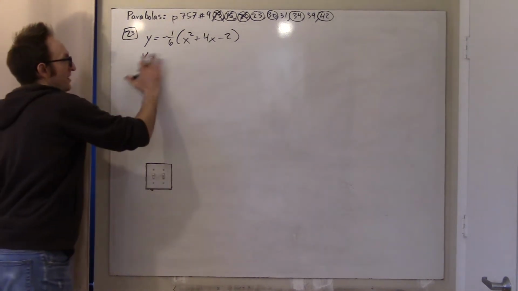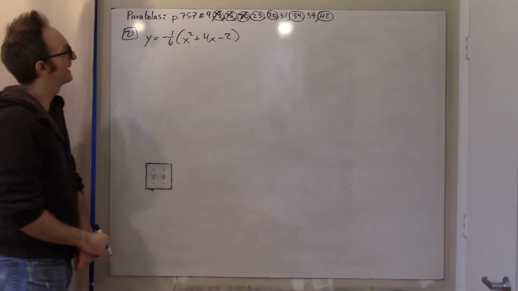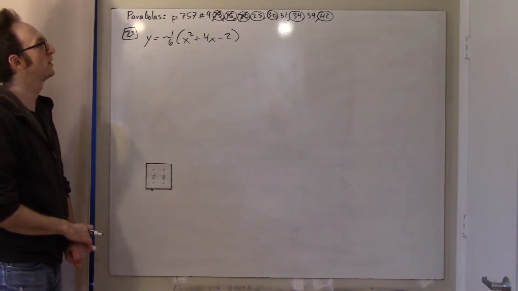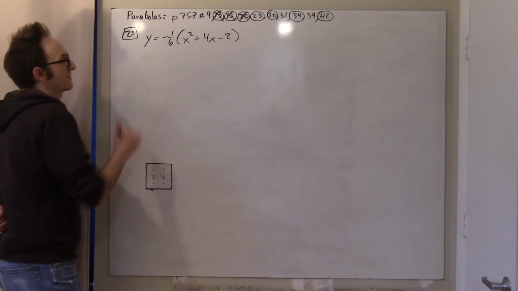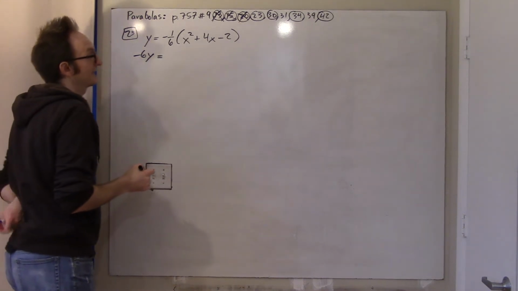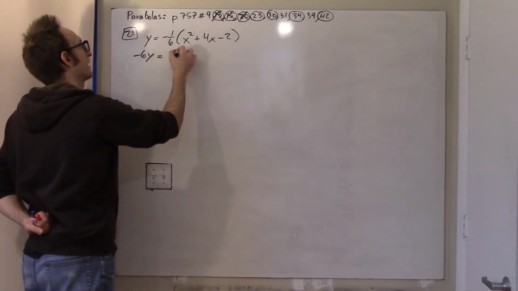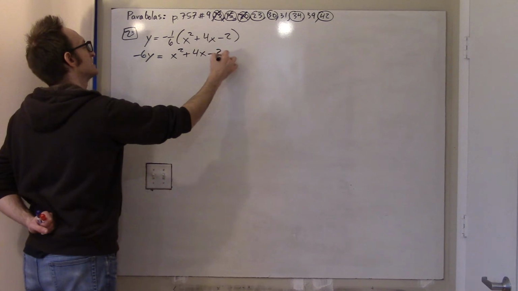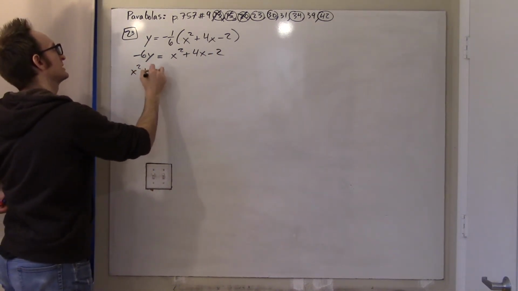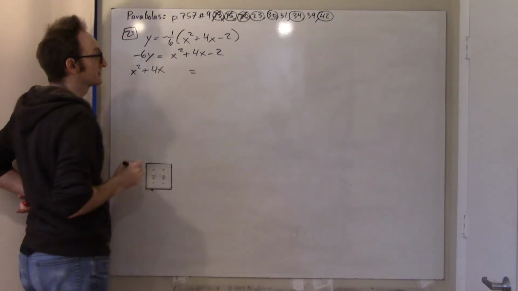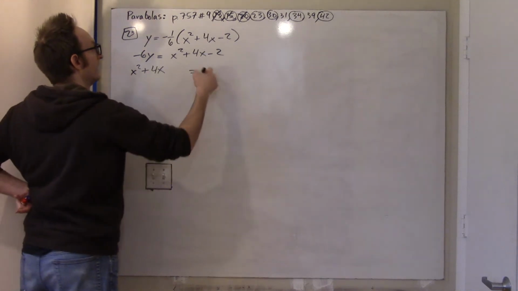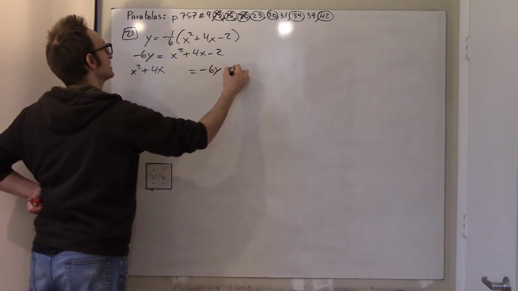I realize that fractions are what's bothering me, so let me multiply both sides by -6. So I get -6y equals x squared plus 4x minus 2. And I'm actually already happier because this is really x squared plus 4x equals, adding the 2 over to the other side, -6y plus 2.